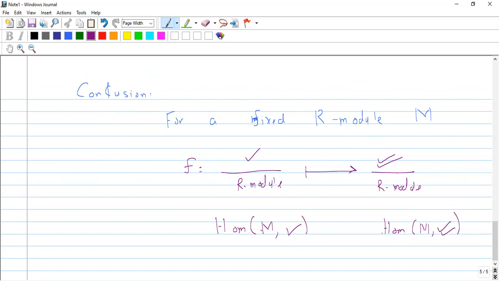So this R module homomorphism F always induces an R module homomorphism between their Homs.